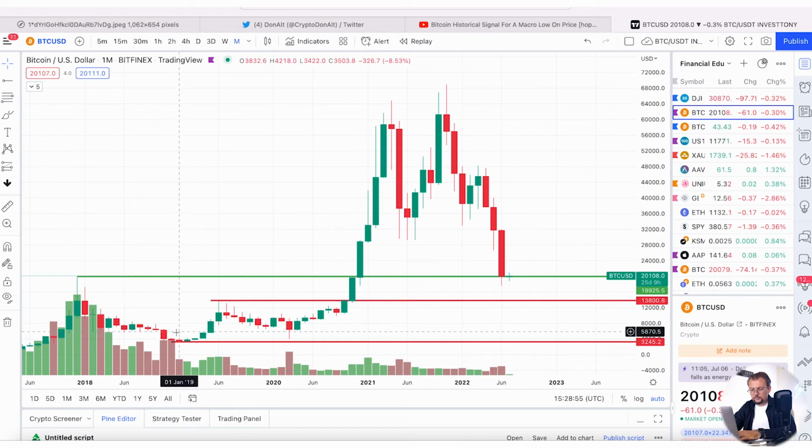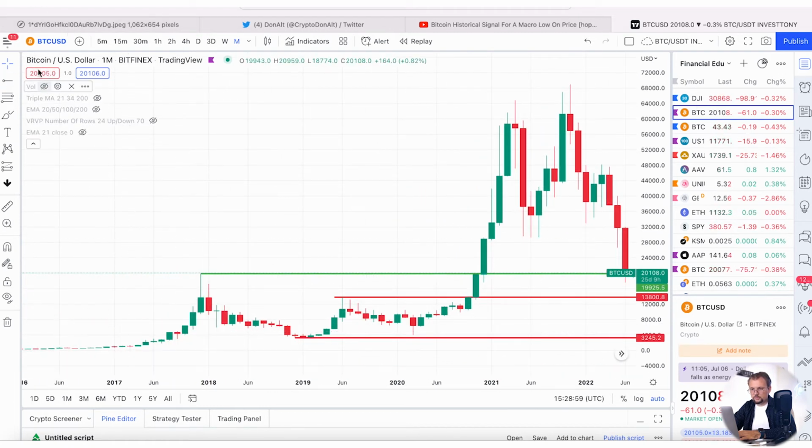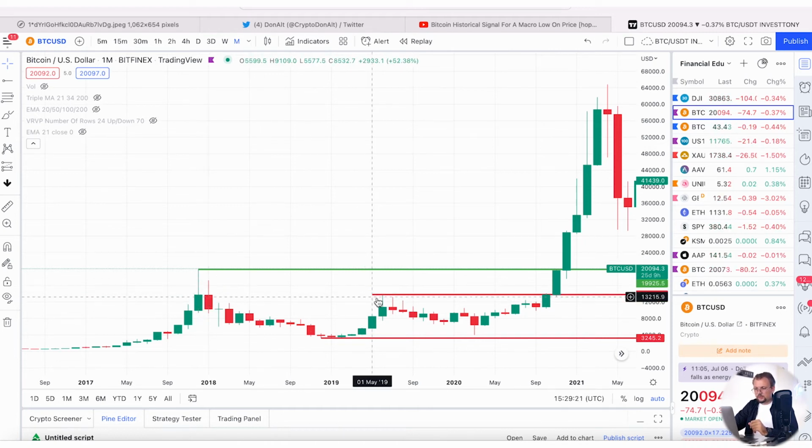And by the way, just a little side note. First of all, we can get rid of the volume because it's not the theme of our class right now. But look at the opening and the closing of the candle. The candle of December 2017 closed at the level of 13,769, and of course the next candle opened at the same level.